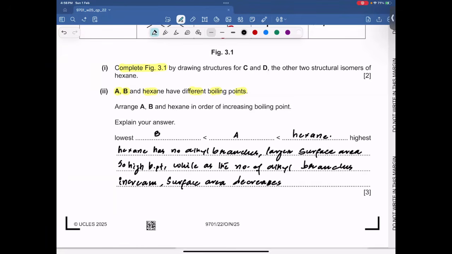Surface area can also be called point of contact. Okay. And also boiling point decreases.